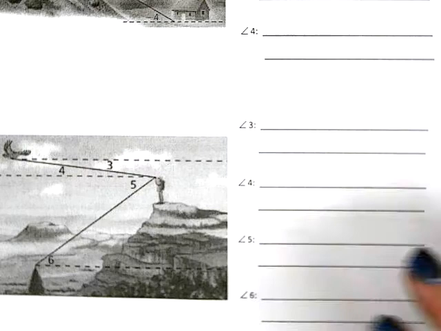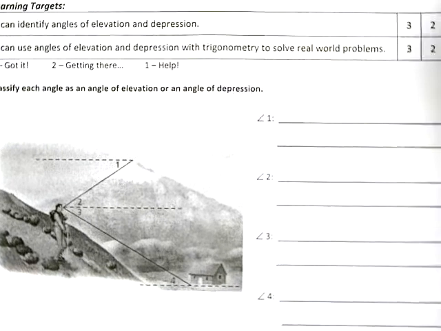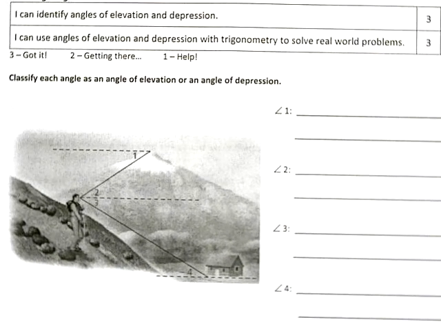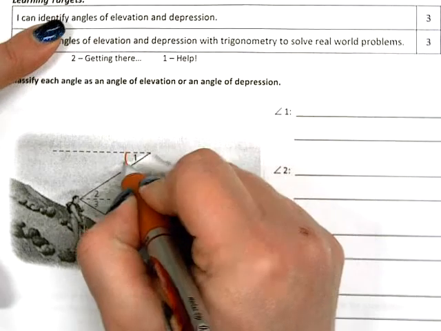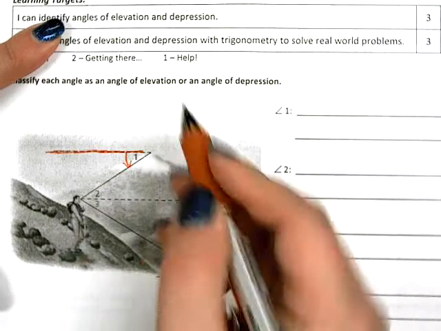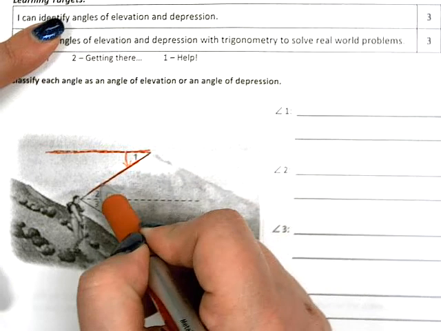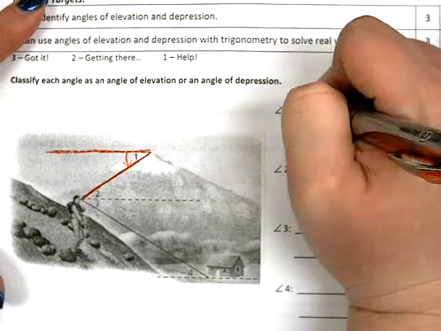Taking a look at the next page, we're going to classify each of these angles as an angle of elevation or an angle of depression. Looking at angle 1, here's angle 1 right here. Here's my horizontal line coming out and going down to here, which means angle 1 is an angle of depression.